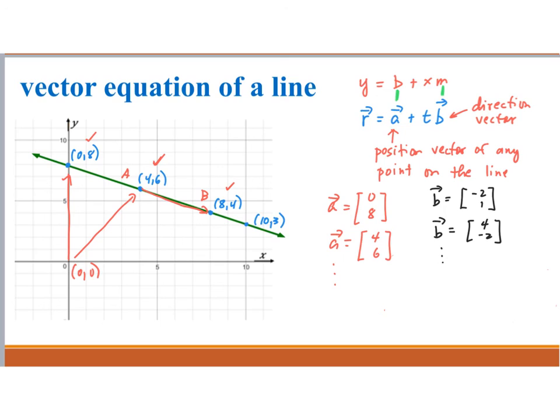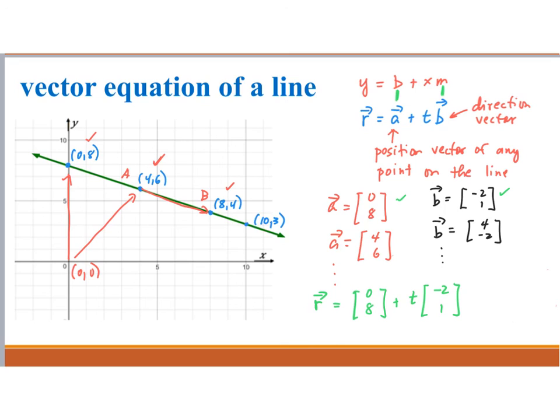So with the different vectors that could be used for A and for B, there are going to be different ways to write R. One way would be, say, R is equal to, if we use this and this, 0, 8 plus T times negative 2, 1.